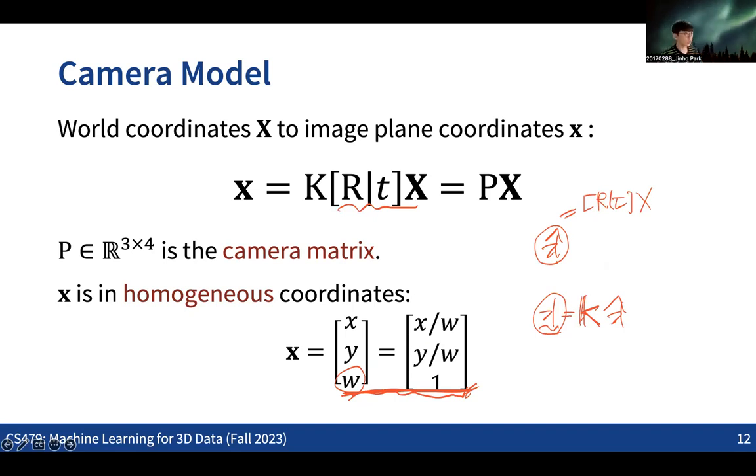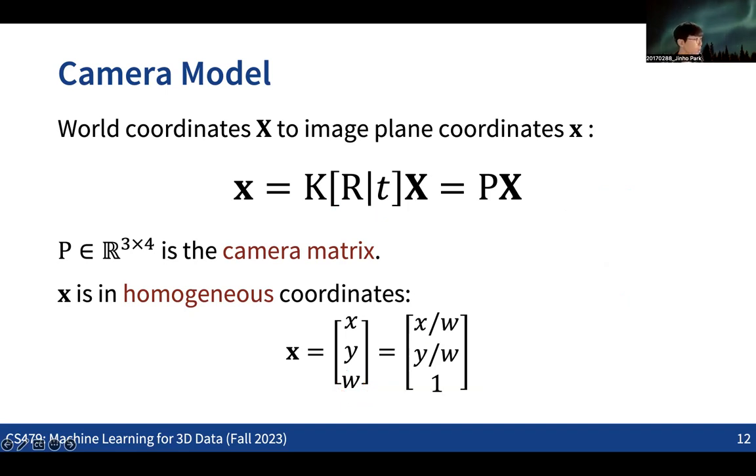We won't be able to get all the details of the camera model here. If you did not take the computer vision or graphics courses, you might need to look up some details of the camera model. But you can see that the camera projection can be modeled in matrix form like this. This is the very basic background.